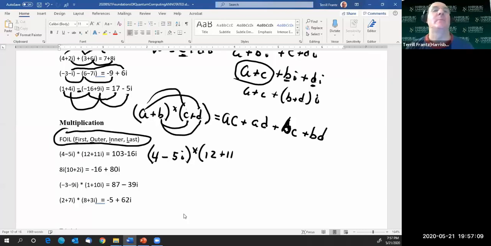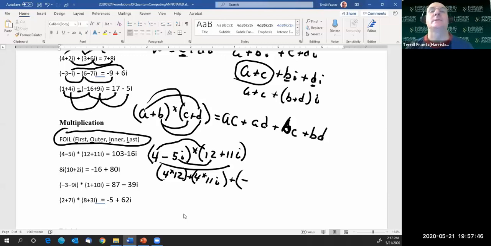Of course, silly me, I put large numbers in here just to make our world more complex. But here, if I do first, that's 4 times 12. First, outer, so that's 4 times 11i. Inner, that's minus 60i. Correct me if I screw up here.